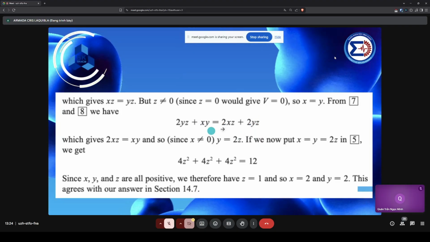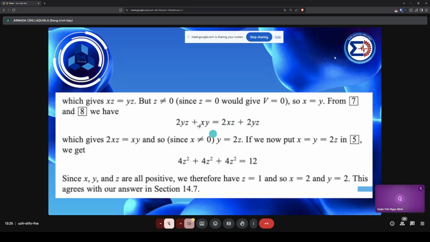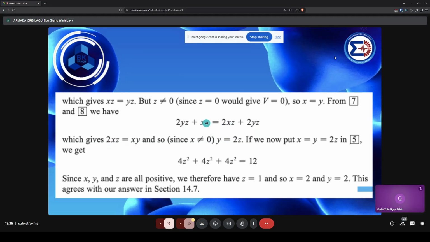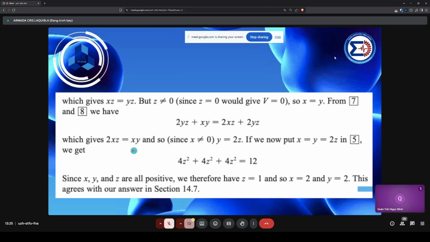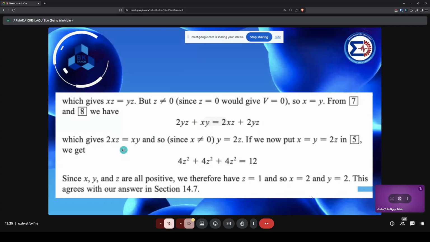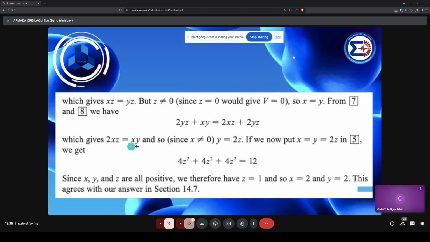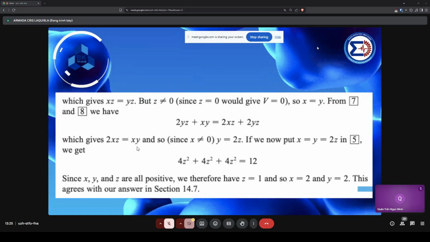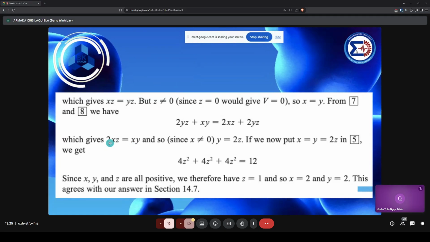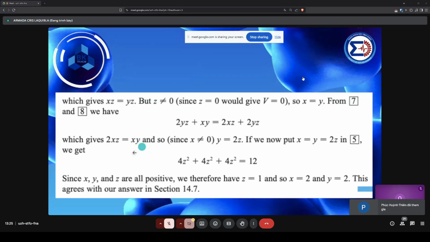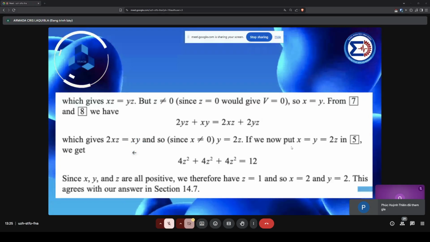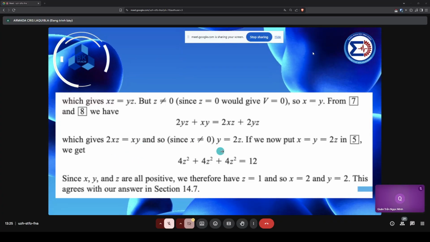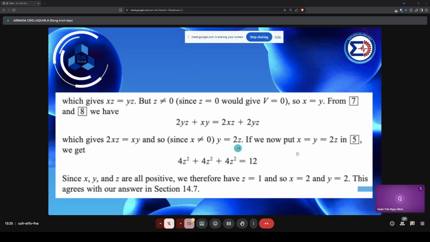So what can you say about the rest? They should be equal, right? The 2xz is equal to xy. Now, since x is not 0 also, class, because again, if your x is 0, your volume becomes 0, we can divide this by x on both sides. After that, we have 2z is equal to y, or y is equal to 2z.